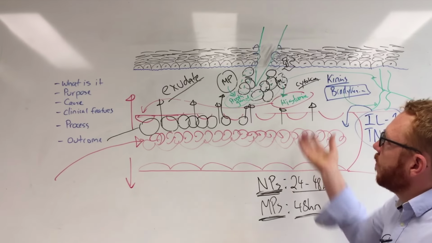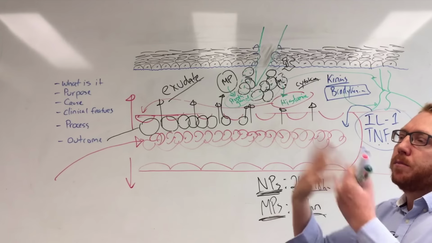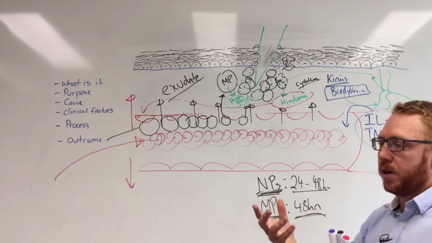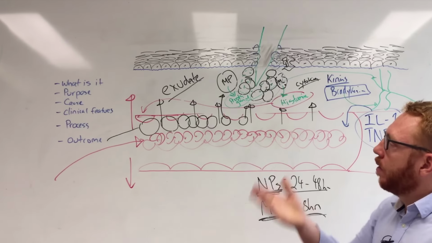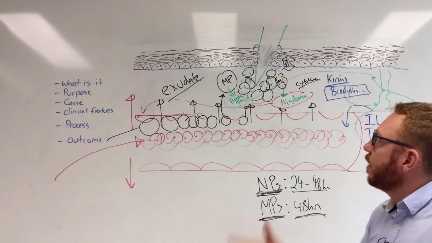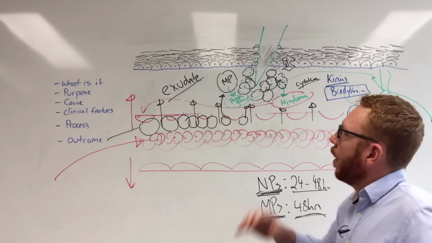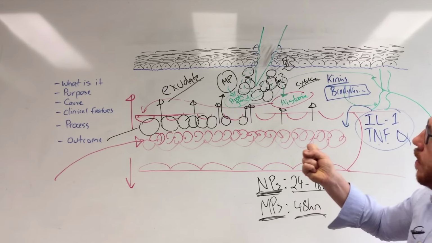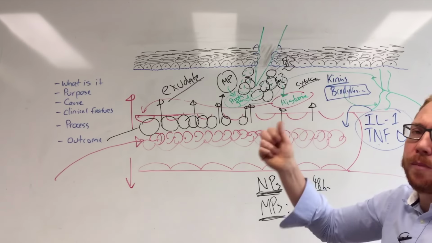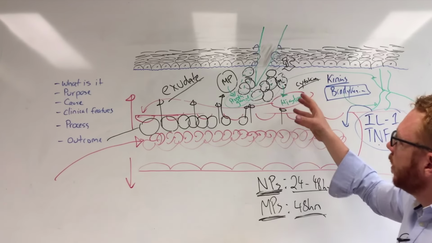Now, as a result of the fever, your body needs to bump up its metabolic rate, so your heart rate will go up, your breathing will go up, your blood pressure will go up. And this is the systemic reaction to the inflammation. So the process itself has two main phases, the vascular phase and the cellular phase.